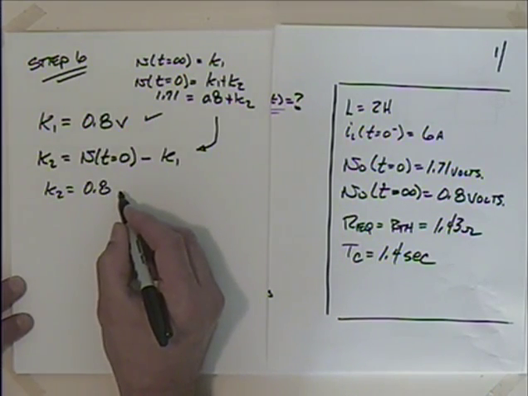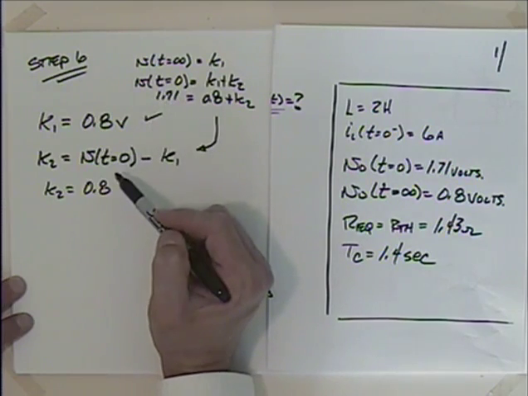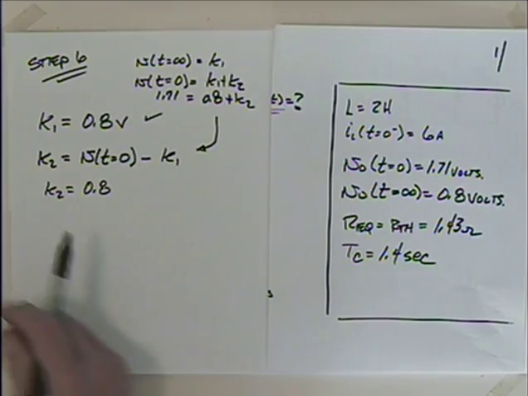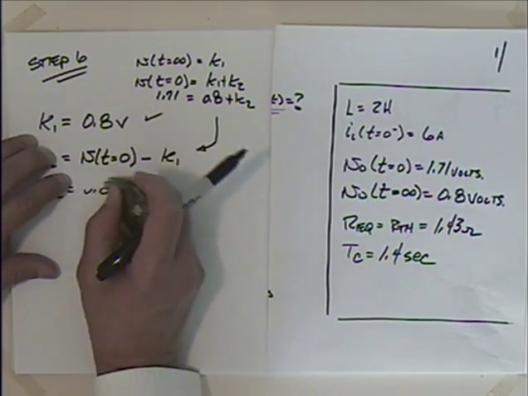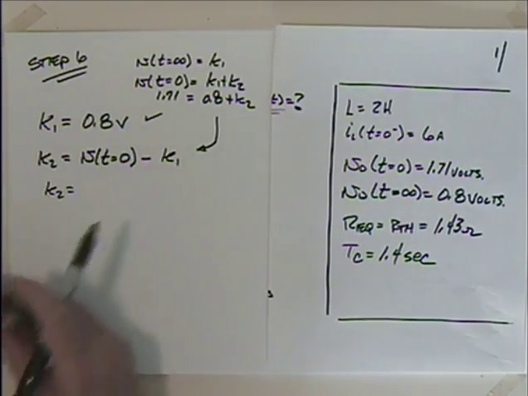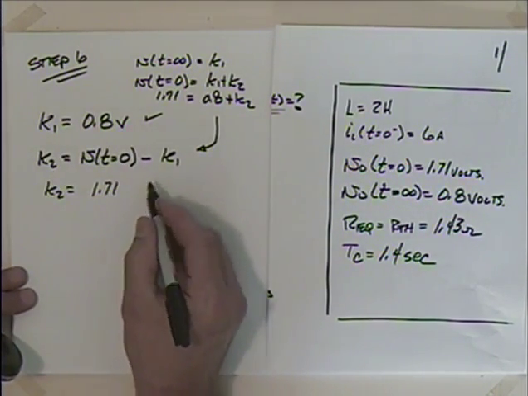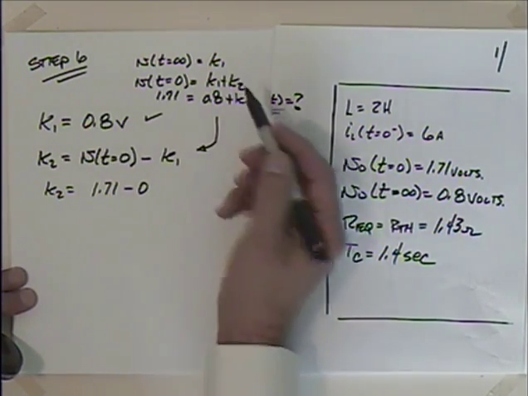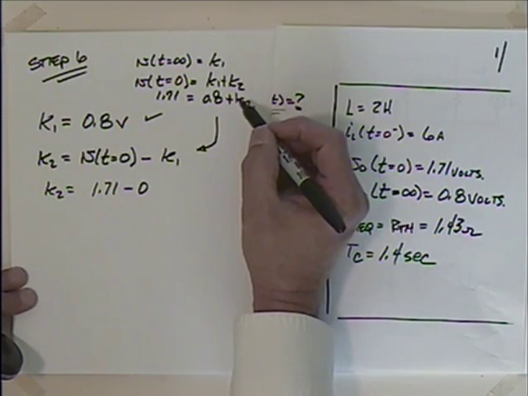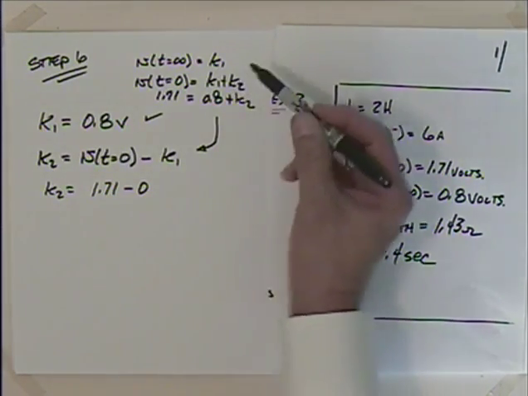Did I get that right? No, sorry. That would be the 1.71. So 1.71 minus the K2, because this is your, oops, how did I mess this up?